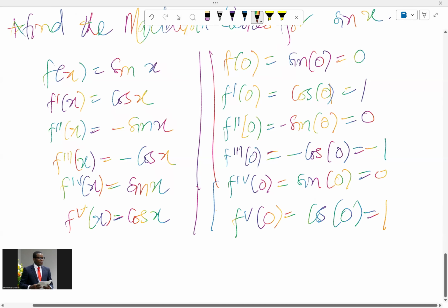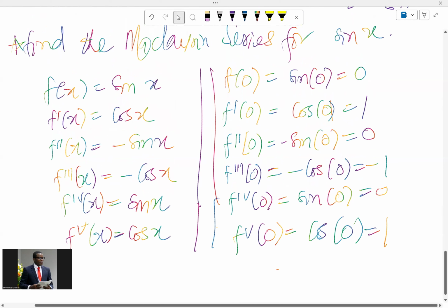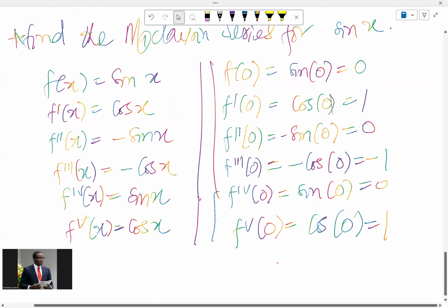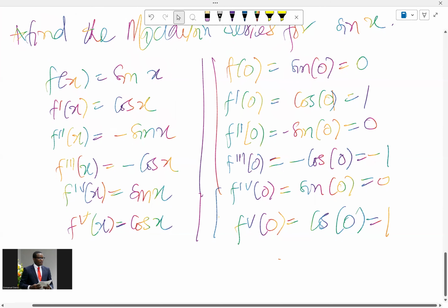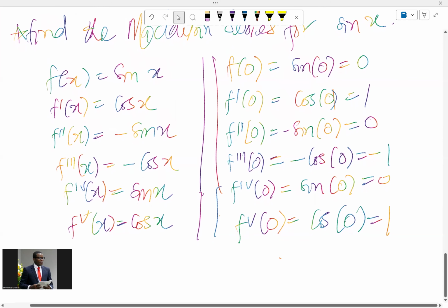Okay, so now you understand why sine is an odd function. You can already see that here. So you see that for every even derivative, it is actually 0.